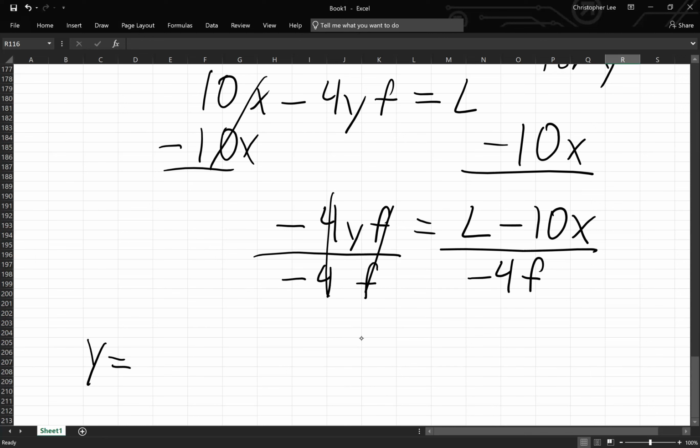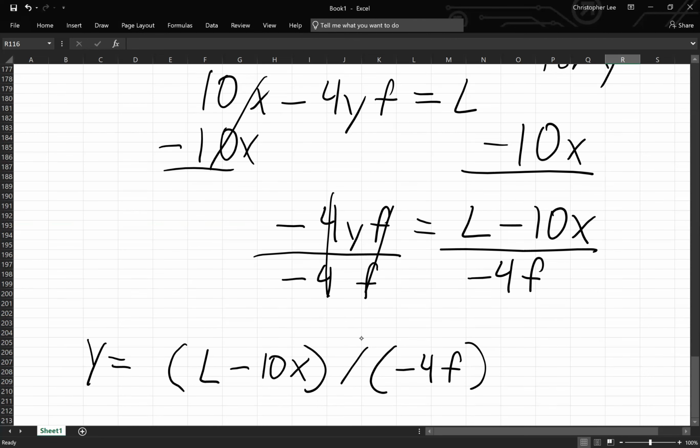I'm just writing y equals, but y'all don't need that. Open parentheses, L minus 10x, close parentheses, divide, open parentheses, -4f, close parentheses. That's it. This is that solve for a specific variable homework, right? All right, we all know how to do that.